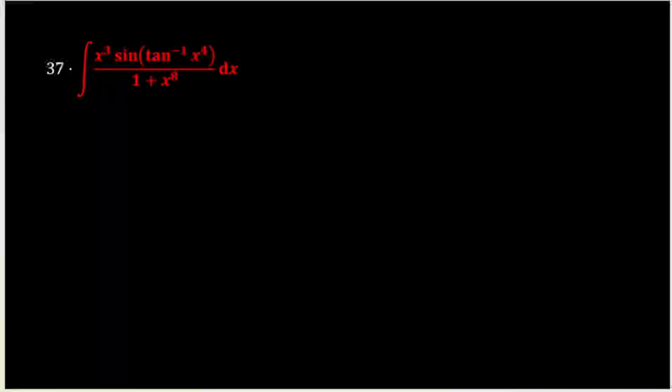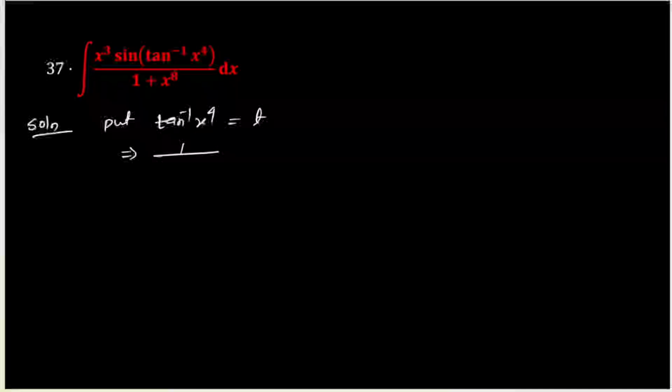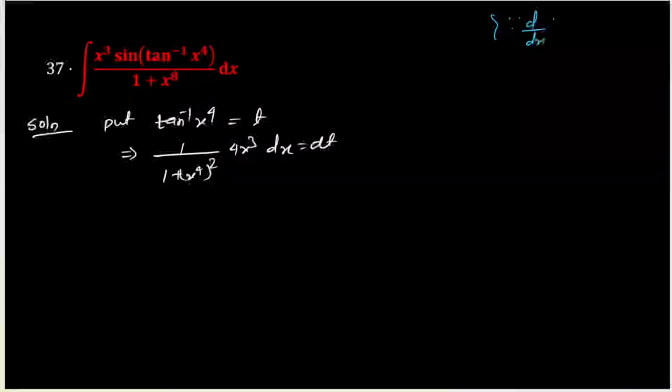Here, this problem is solved by the substitution method. So, solution: we put tan inverse x to the power 4 equal to t, and differentiating with respect to x, we get 1 by (1 plus x to the power 4) whole square into 4 into x cubed dx equal to dt, because the derivative of tan inverse x is 1 by 1 plus x square.